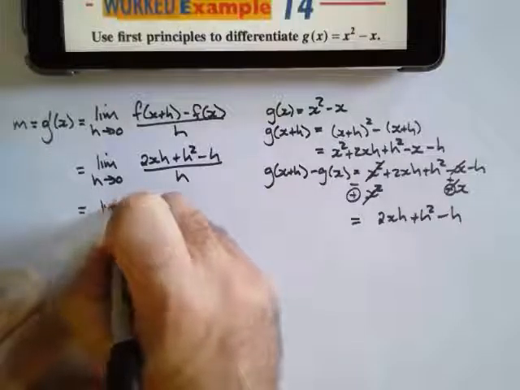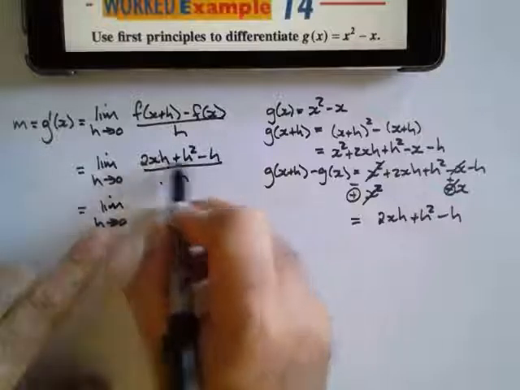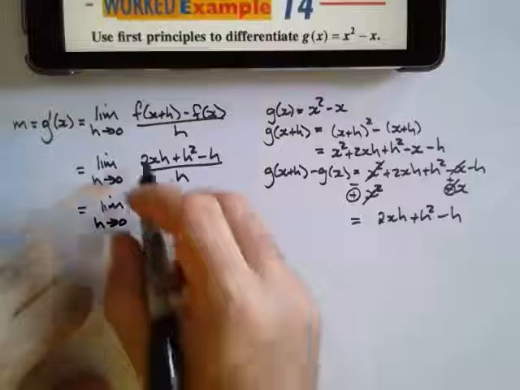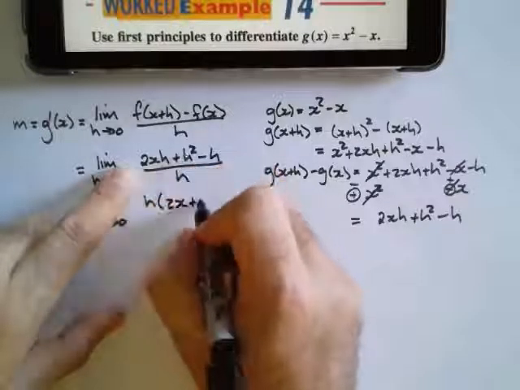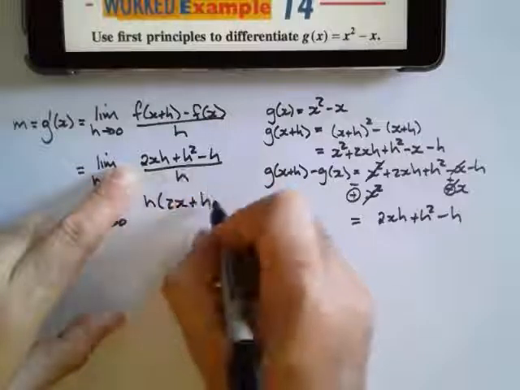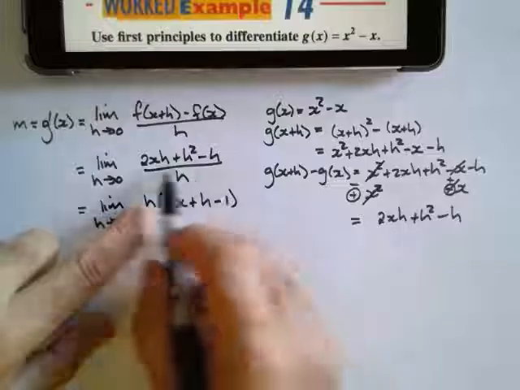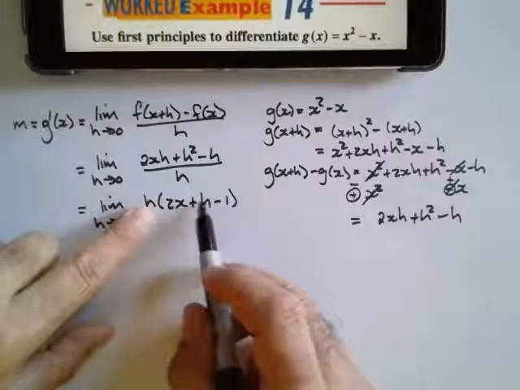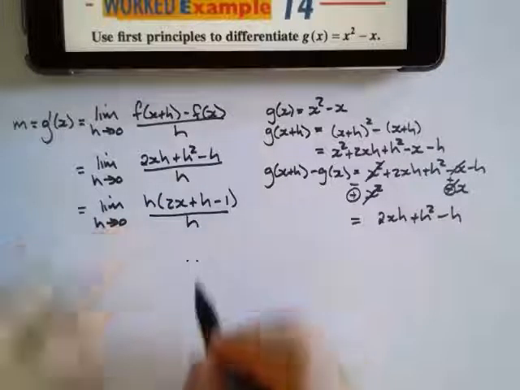So I'm going to carry the limit because I have not substituted h yet. At the top, I'm going to take out h as a common factor, which gives me 2x plus, if I took out one h, 1 remains, and minus 1. Don't just throw that away, because if I multiply back, I need to get that. That will give us 2xh, that will give us h squared, that will give us minus h, divided by h.